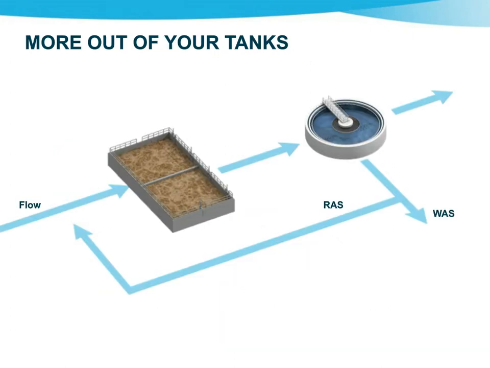Another way to look at it, to explain BIOMAG so you have a good solid understanding of it, is that we're not adding more tankage. If I double my throughput through the plant hydraulically, which increases my solids loading or organic loading on the plant, and I need to maintain my desired F to M ratio, I have to run at a higher mixed liquor.